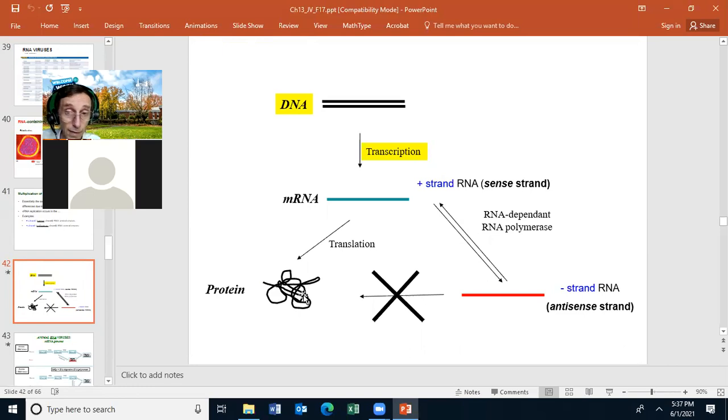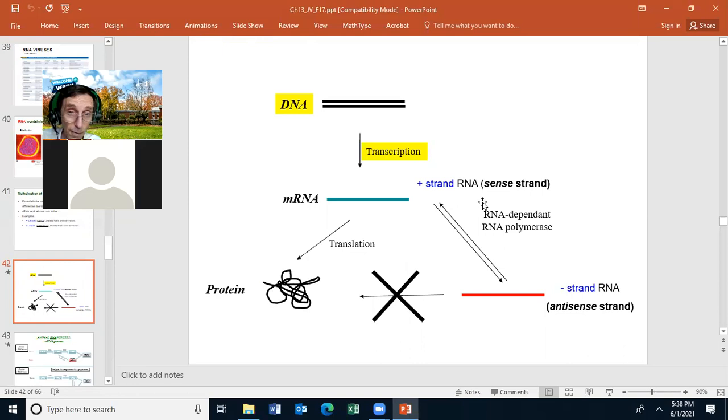All right, so if the viral genome is a negative strand RNA genome, this genome cannot be read by the ribosome to be made into protein. What happens is the negative strand RNA genome will make a positive strand RNA, and that strand can be used to be translated to make the viral protein.